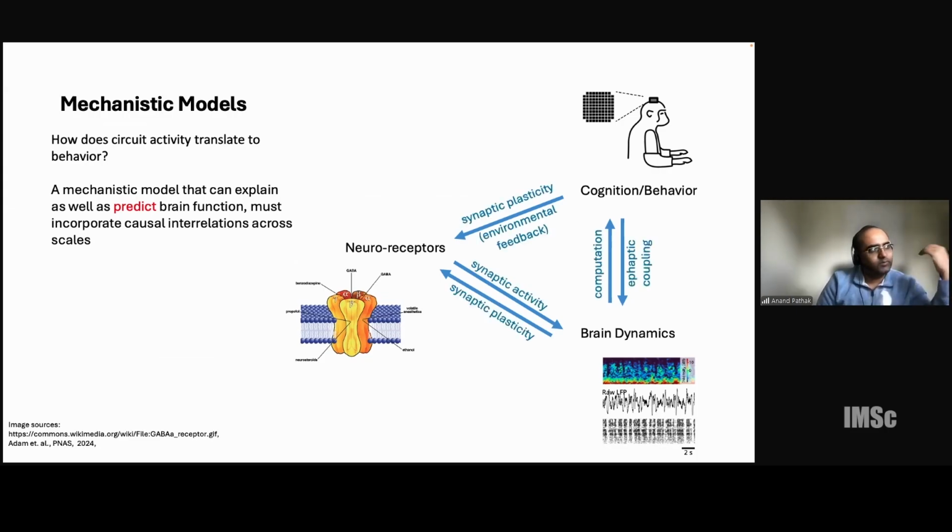So, what happens at receptor levels affects the neural spiking, that affects the brain dynamics, that affects the cognitive state or the behavior. And there's always back and forth going on.